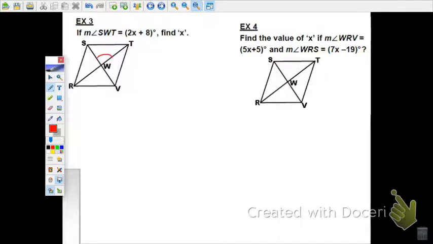So what do we know about our two diagonals in a rhombus? They bisect each other. They are perpendicular, which means 2x plus 8 is equal to 90. So then I subtract 8, 2x equals 82, and divide by 2 to find that x is equal to 41.